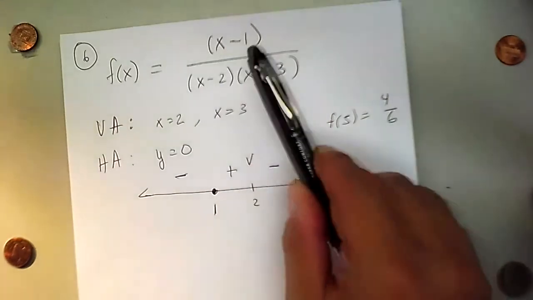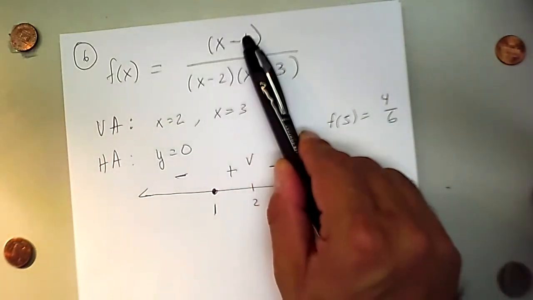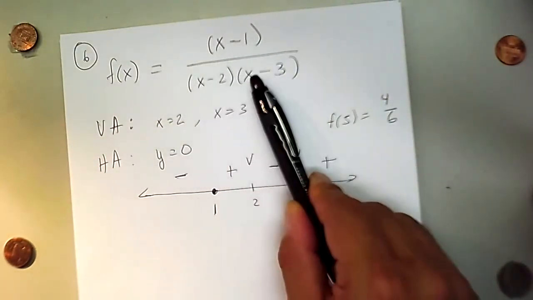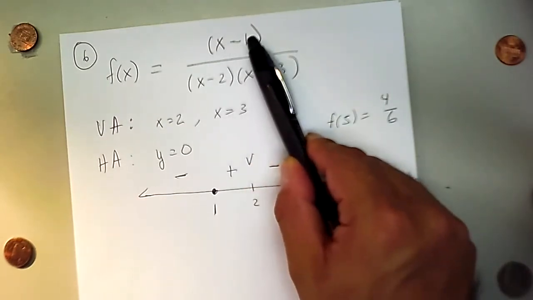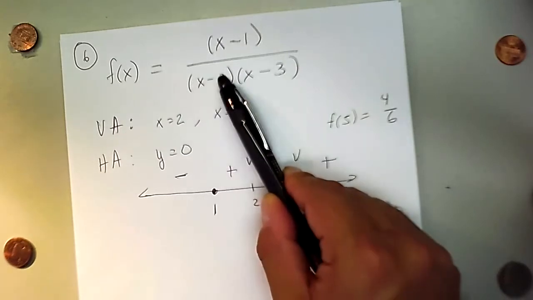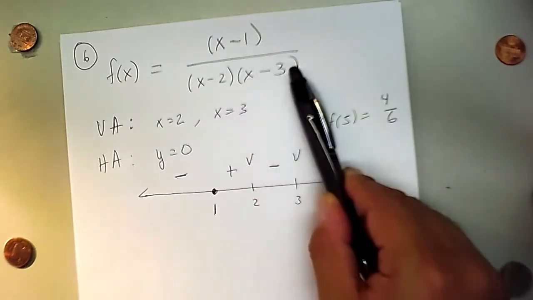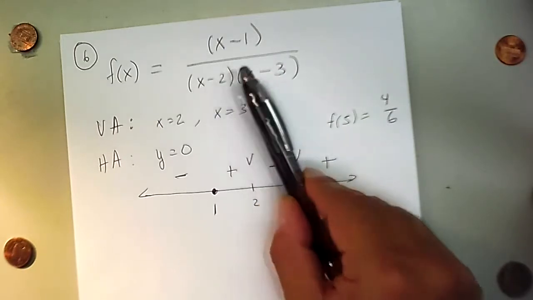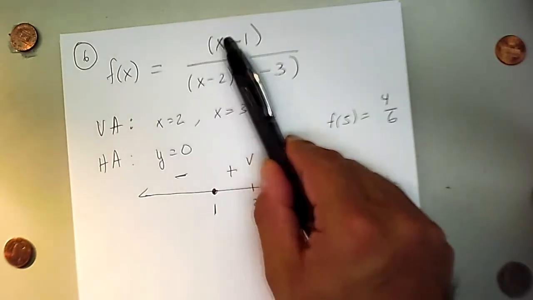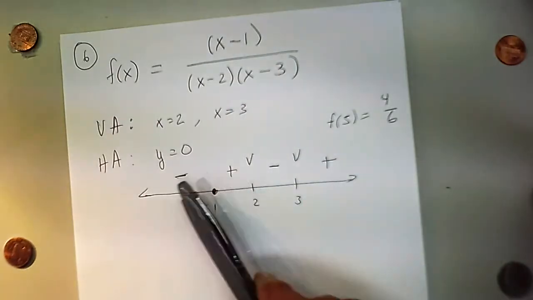If we put 1.5 here, 1.5 there, 1.5 there, we're going to end up with a positive number, because 1.5 minus 1 is going to be a positive number. 1.5 minus 2 is a negative number. 1.5 minus 3 is a negative number. Two negative numbers multiplied together give us a positive number. This is positive to start with, so the whole thing is positive.